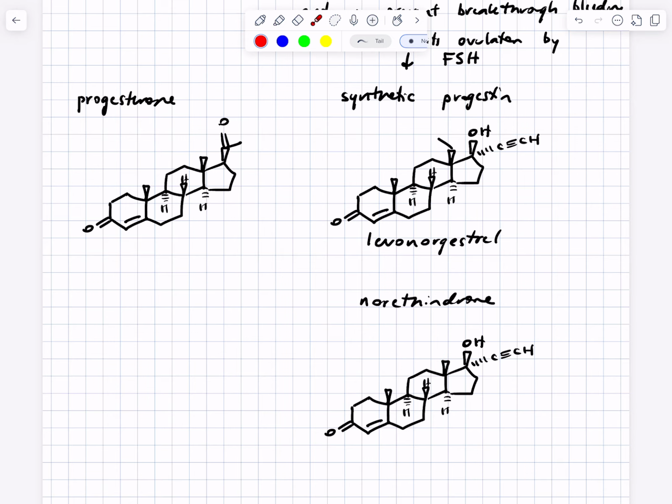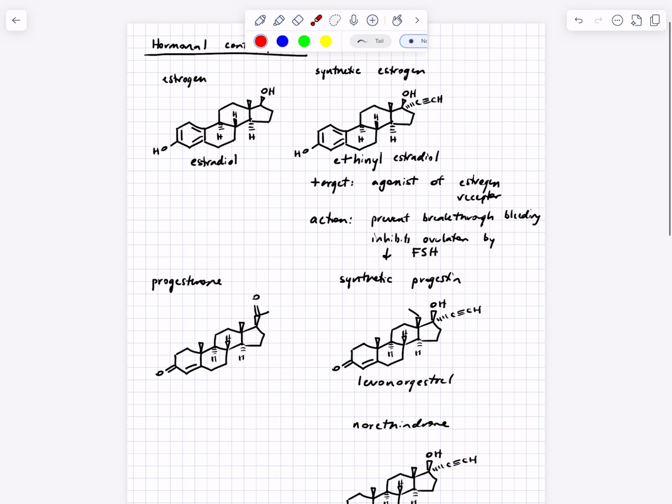No. But if you looked at a steroid like this, or like this, if you could recognize it as a component of a hormonal contraceptive, if you could recognize these as being related to estrogen and these as being related to progesterone, that would be enough. In fact, the big difference between estrogen and progesterone is the benzene ring with the alcohol versus this 6-membered ring with the ketone. You got that? That's basically all you need to know.